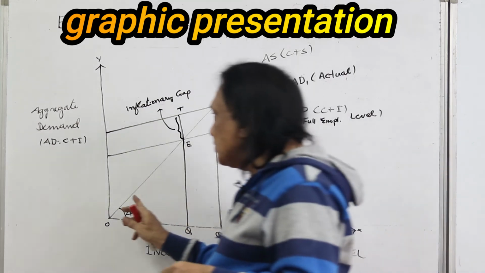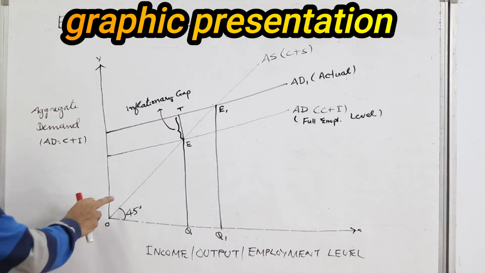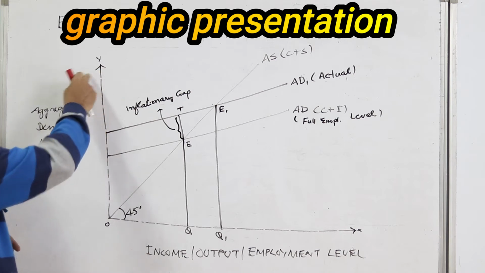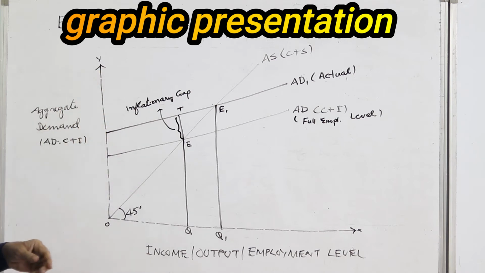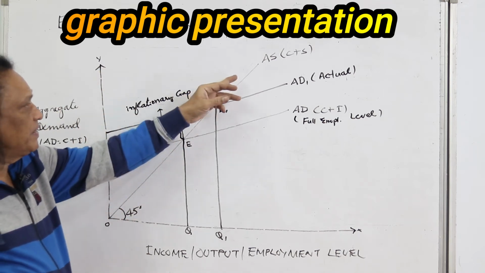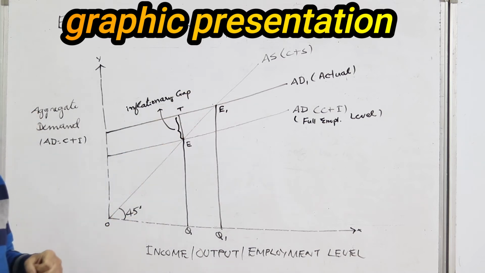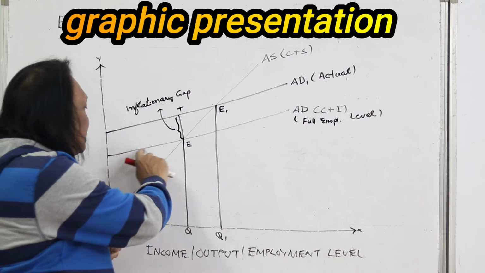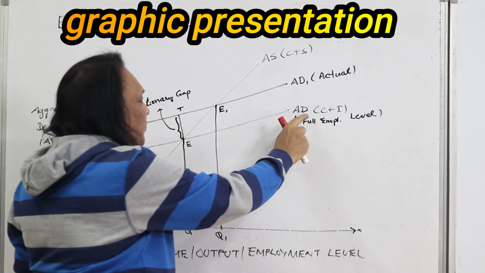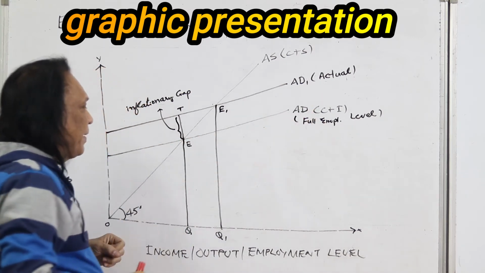On the y-axis, we can see aggregate demand is shown here, AD, C plus I. See, this is the 45 degree line. We already discussed the income line or aggregate supply line. This is the guiding line to find out the equilibrium level of income, employment and output. And this AD curve is the full employment level of equilibrium aggregate demand curve.